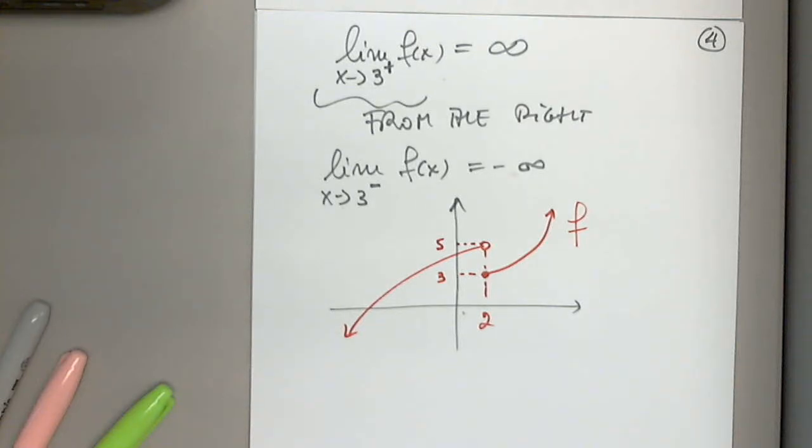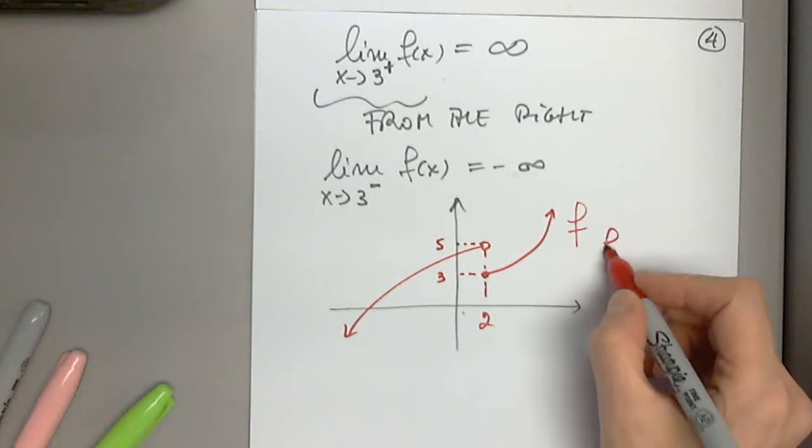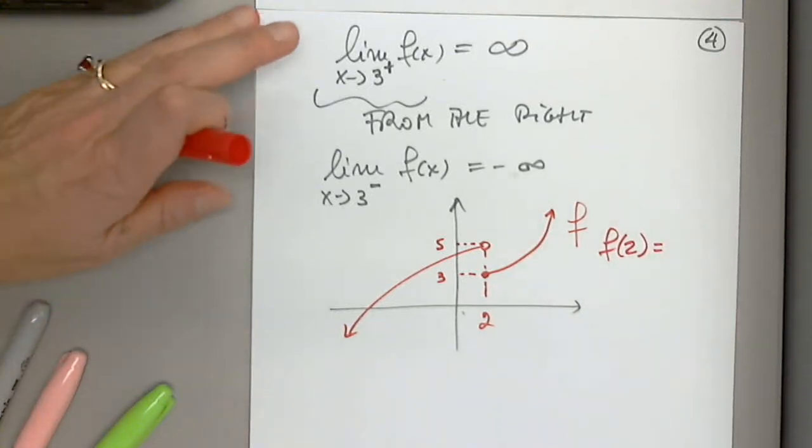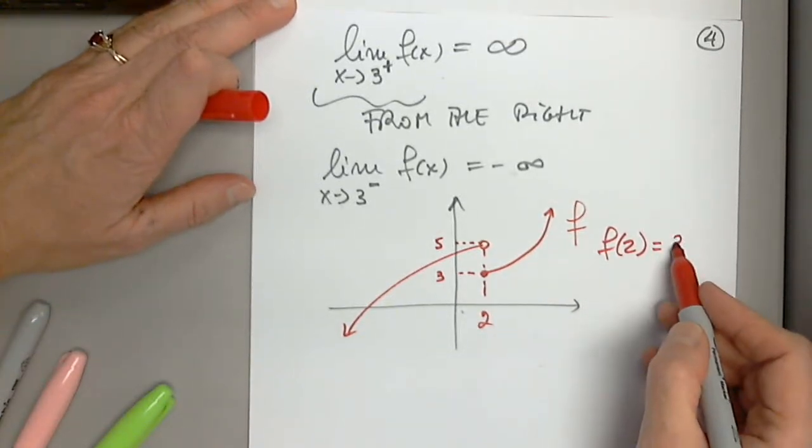Is this a function? Yes. By the vertical line test, it's a function. Any vertical line crosses the function in only one point. This is an open point. The function doesn't exist there, but the function exists here. So if I ask you for this function, how much is f of 2, what will you say? Excellent.